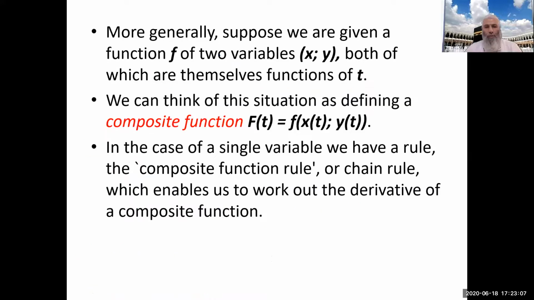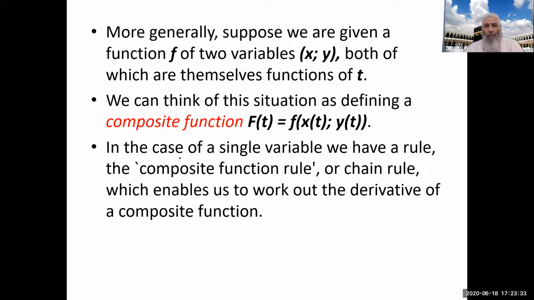More generally, suppose we are given a function f of two variables x and y, both of which are themselves functions of t. We can think of this situation as defining a composite function f of t equals f of x of t and y of t, like we did before.